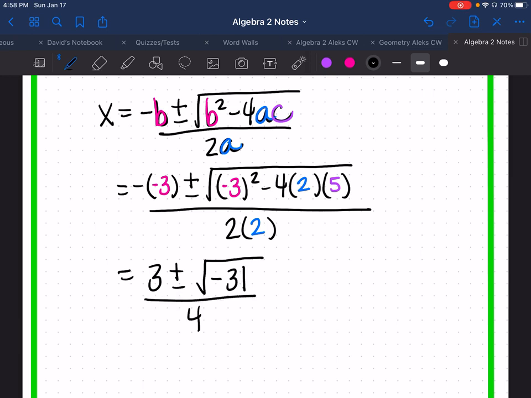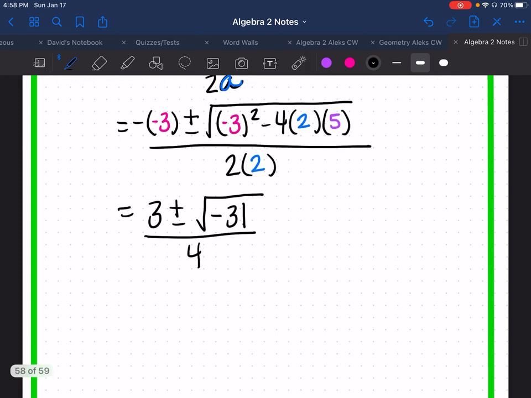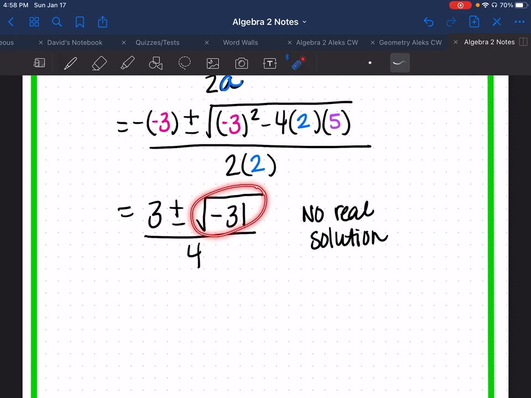Now, in the past, what we would have said is we cannot do this. There is no real solution. And that is true. There is no real solution. But now we know there's something called a complex solution. Right here, I can split this into the square root of -1 times the square root of 31.